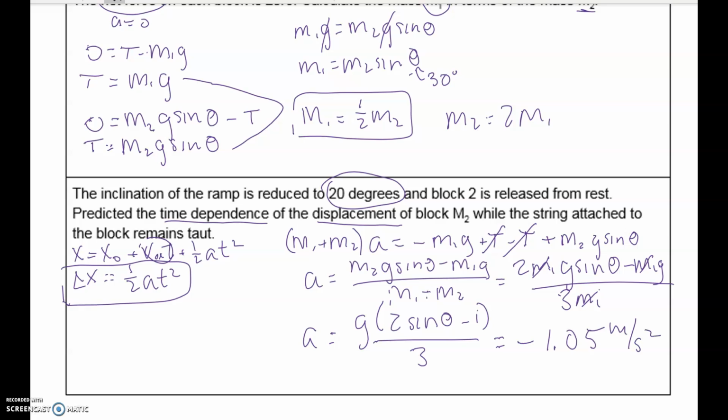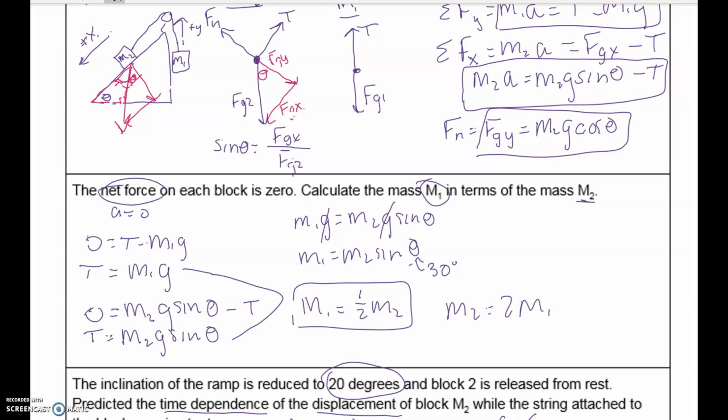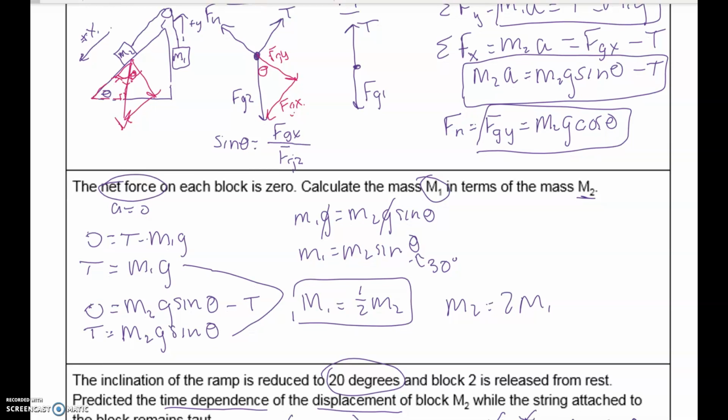My answer here is negative, which makes sense. Why does this make sense? It makes sense because originally in the problem we reasoned that if we were to change our angle from 30 degrees to 20 degrees, block M2 should slide up the ramp and M1 should fall. When I was summing my forces, I assumed that the opposite was happening, at least in terms of acceleration.